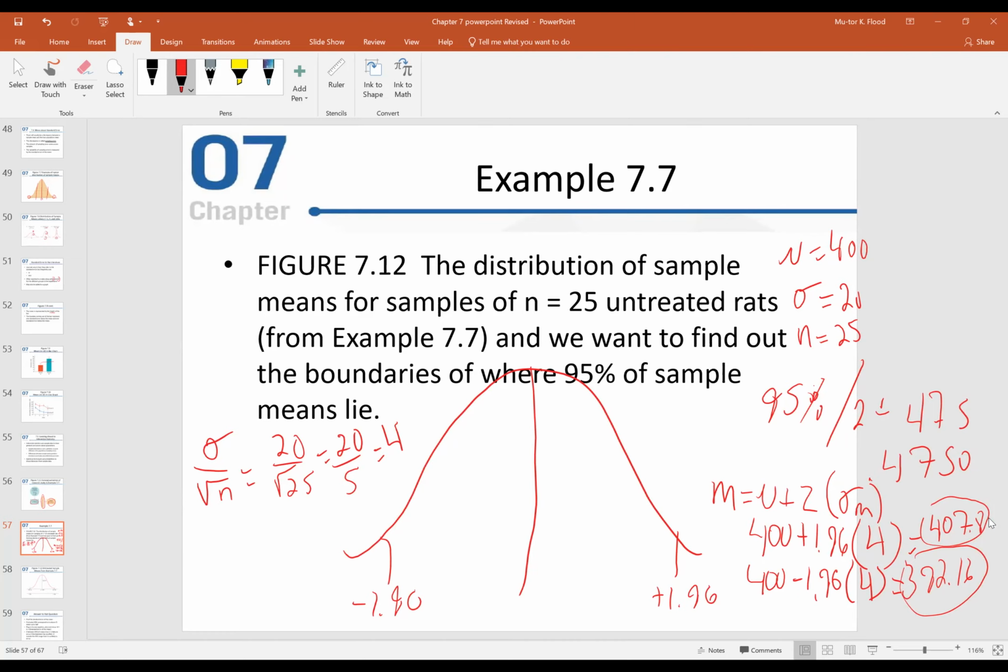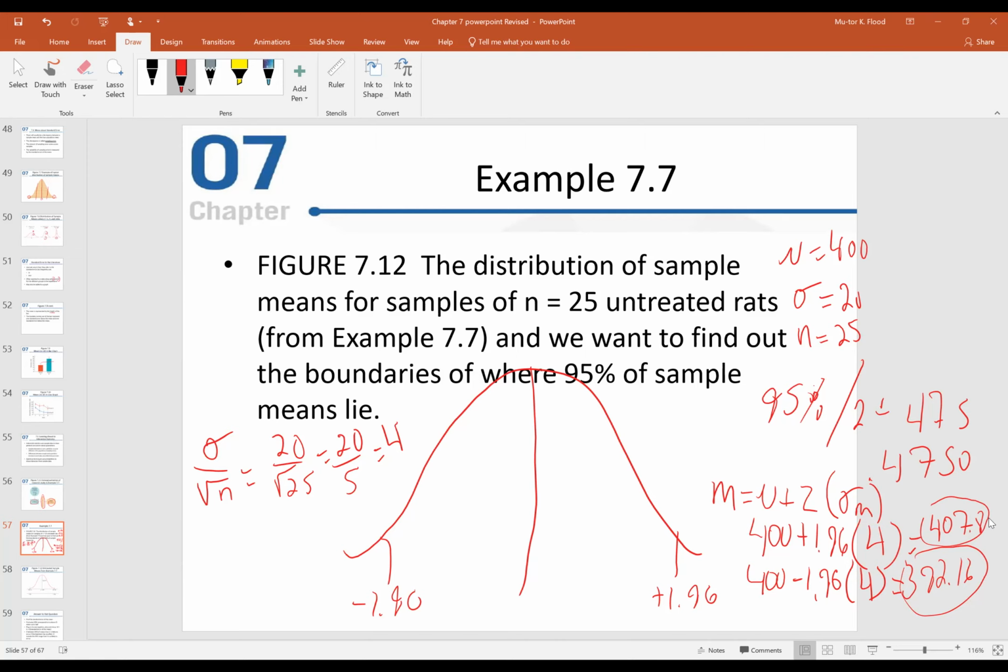The treatment has some kind of effect, because those sample means are so unlikely to have occurred simply by chance. That's a foundation of what we are going to talk about in the next chapter, which is hypothesis testing.